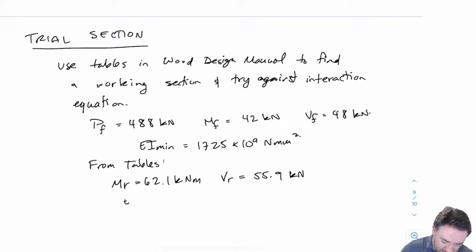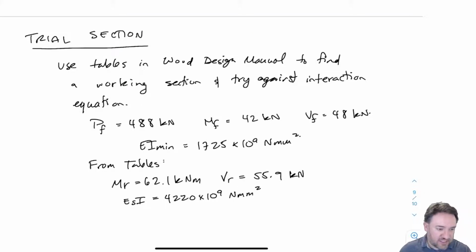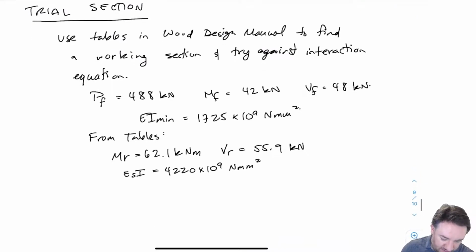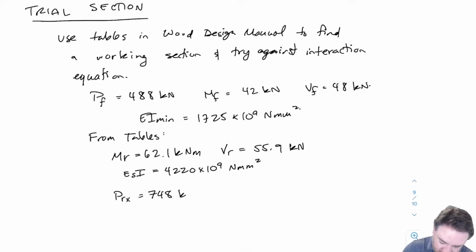Okay, and the EsI, remember we have to check EsI when we do bending, is 4220 times 10 to the 9 Newton millimeters squared. And Es is equal to E because we are in dry conditions right now. So that is fine. Then our Px is 748 kilonewtons, strong axis.